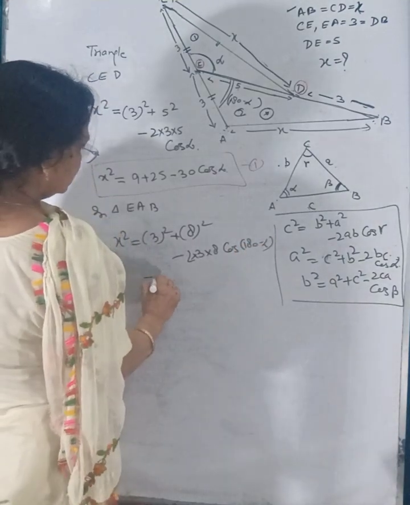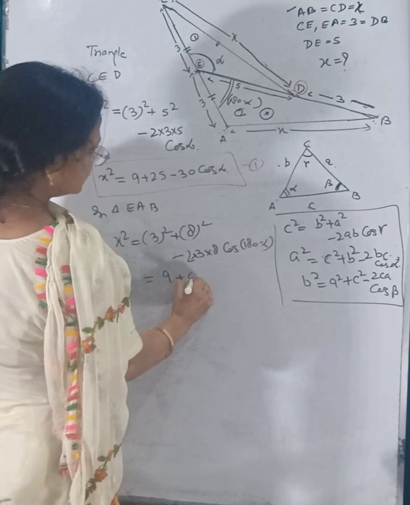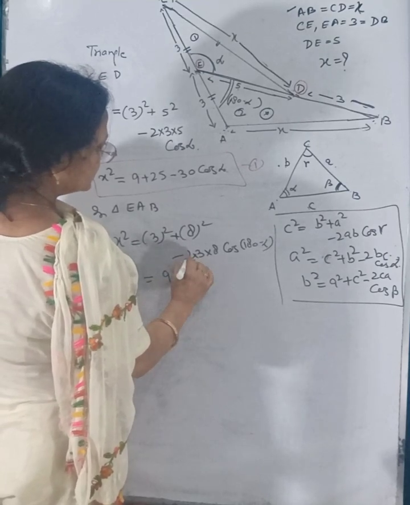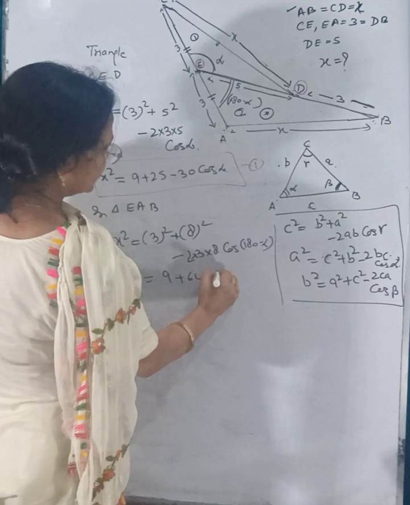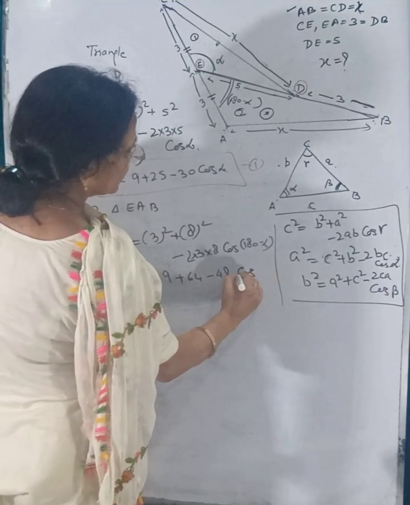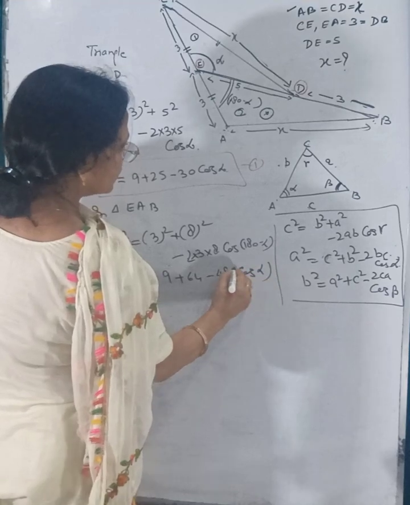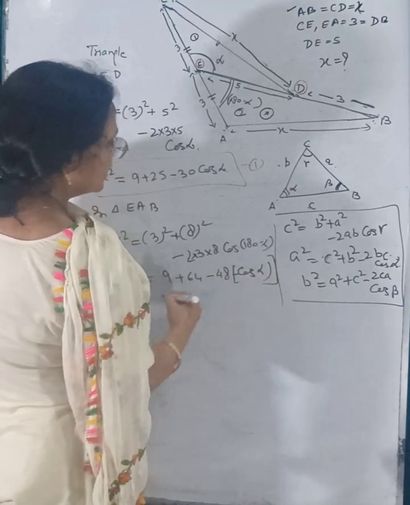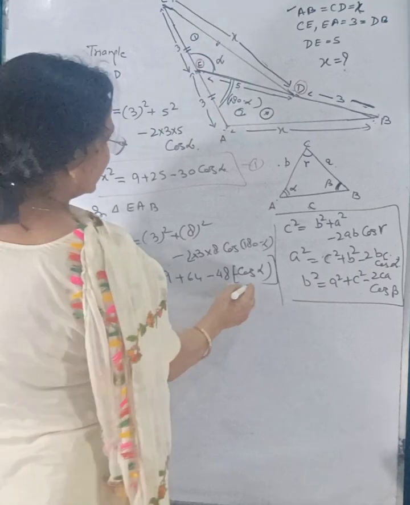This will be 9 plus 64 minus 48 into minus cos of alpha, because cos of 180 minus alpha is equal to minus cos alpha.